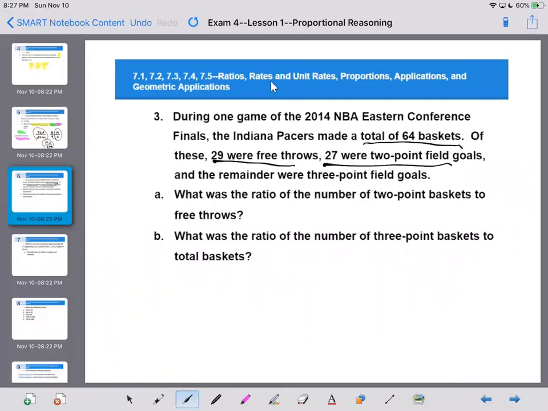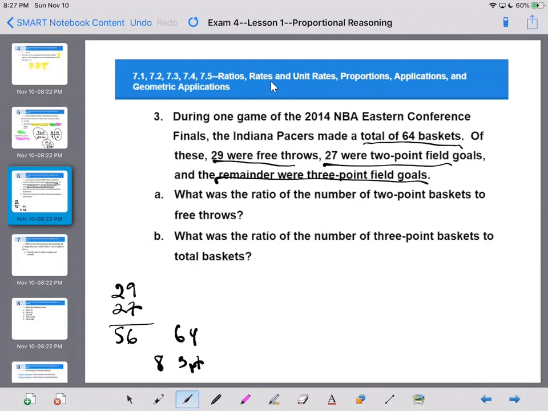And the remainder were 3-point field goals, okay? So what we have is 29 and 27. 29 plus 27 is going to be 56. And you had a total of 64, which meant that there's 8 3-point baskets. So 56 plus 8 would give you 64.